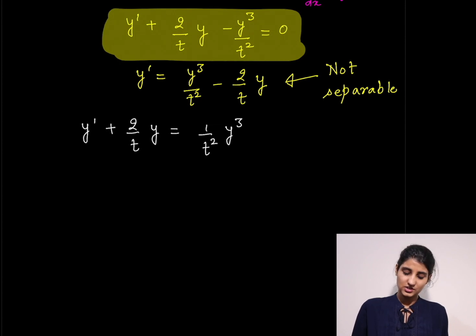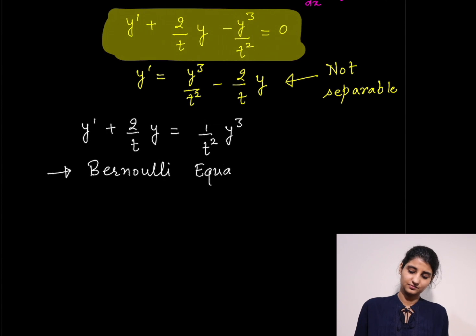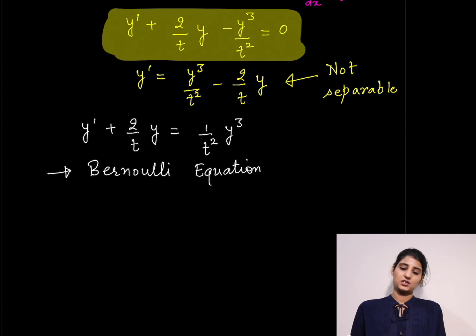So this is a Bernoulli equation. Very nice. The only thing we need to know is the substitution. We substitute v as y, the dependent variable, to the power 1 minus n.